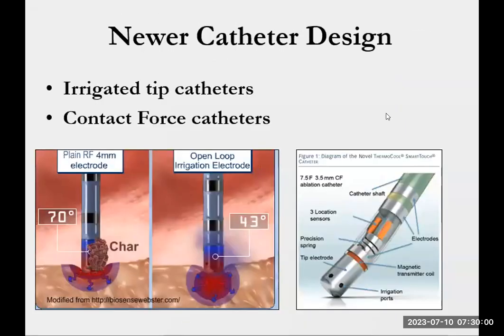More recently, we have newer catheter technology. First of all, we have catheters that have irrigation. A lot of you have seen us use those. Barry uses this with some regularity. And the advantage of an irrigated catheter is that it actually allows for greater delivery of power with a deeper and wider radiofrequency lesion than can be achieved with standard RF.